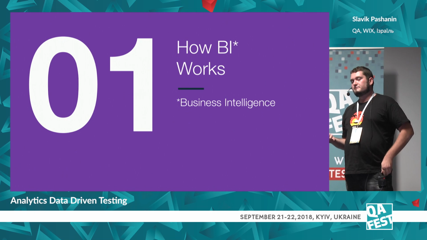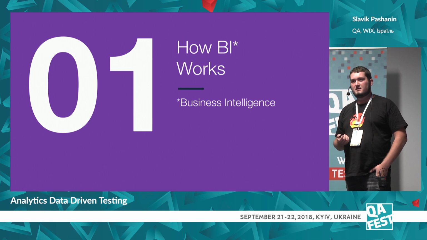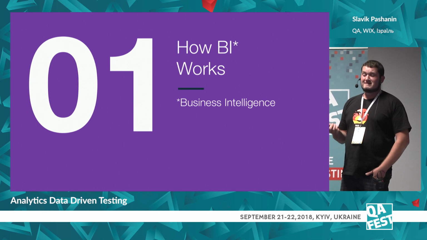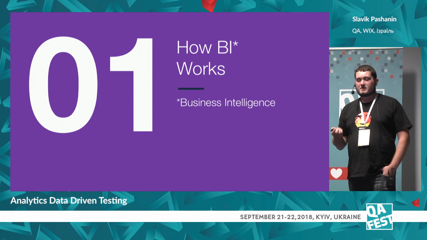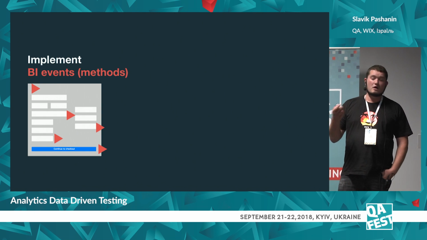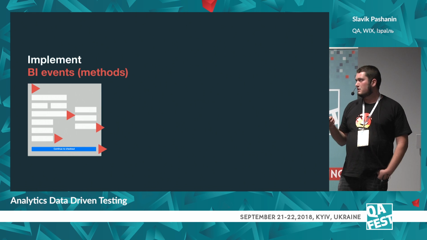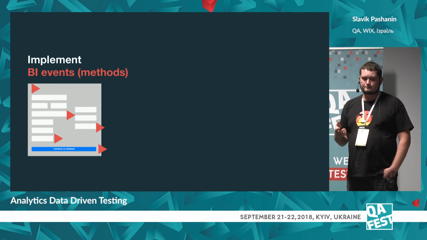So what is BI? BI is actually business intelligence. To put it simply, it's like delivering the best and reliable information in the quick way to the right people. How do we implement BI, and actually how can we do it?